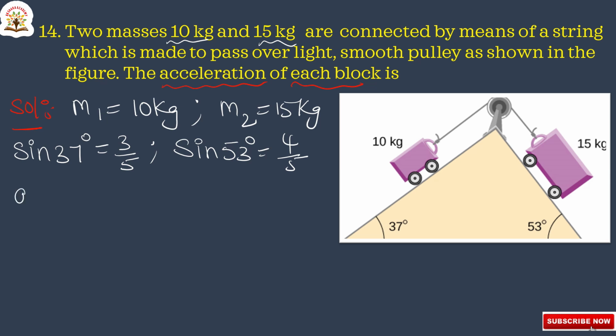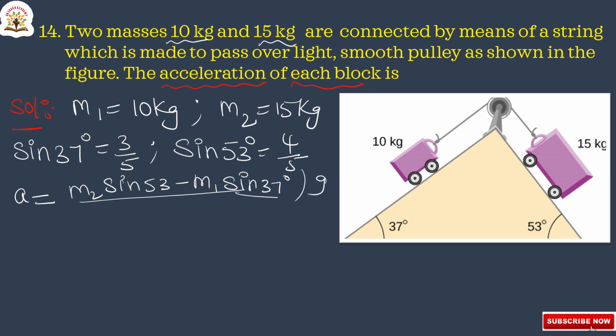Now A is equals to acceleration of each block. A is equals to (m2 sine 53 minus m1 sine 37 degrees) into g by (m1 plus m2).